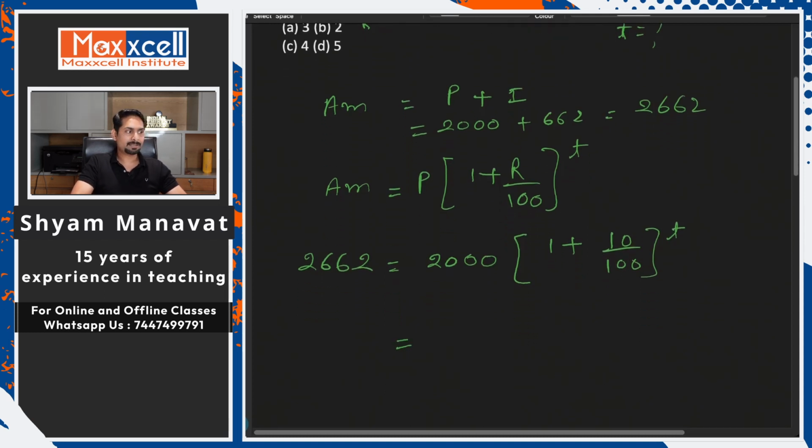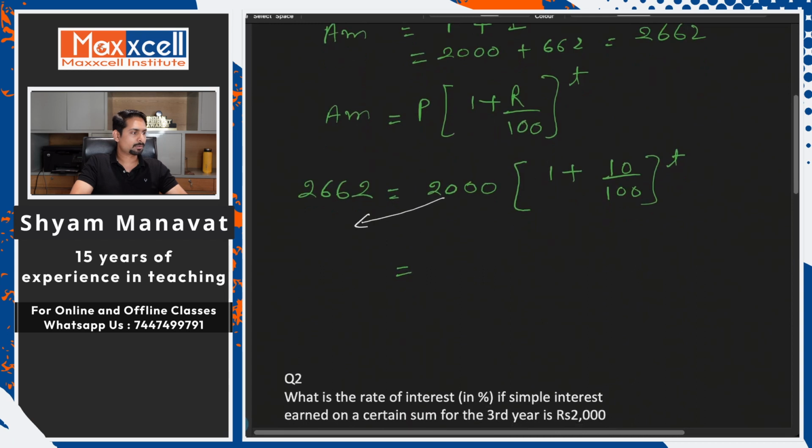Now simplify it. If I simplify by 2, I get 1000 here. Or if you want, take this to the other side first: 2662 by 2000 equals 1 plus 10 by 100.